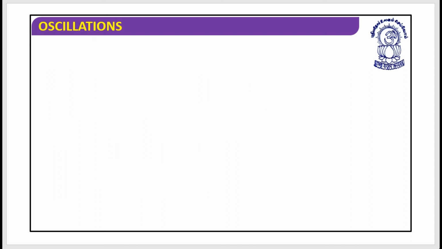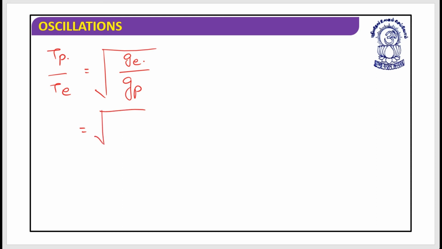Now I will take the ratio of the time periods. This is the time period on that planet to the time period on the Earth. This is equal to, length will remain the same, it's only the g which varies, so it's square root of ge is to gp.